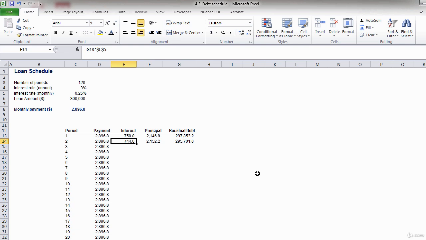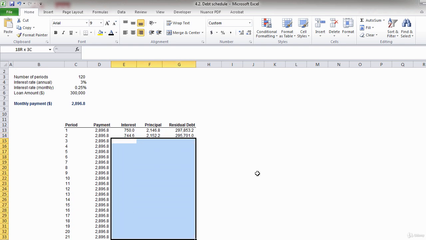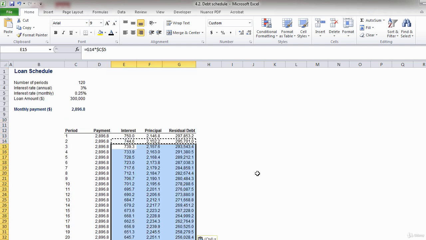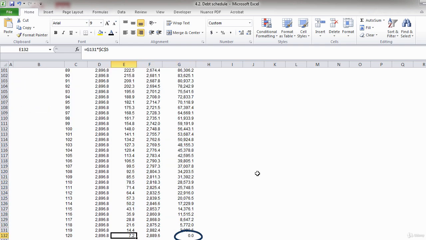Here's our residual debt after period 2. We can copy these formulas to the last row of the table. As you can see, the residual debt at the end of the loan life is exactly 0, which means that we worked correctly. This is how we can calculate an entire loan schedule, an exercise that allows us to plan better and understand exactly how much and for what we are paying.